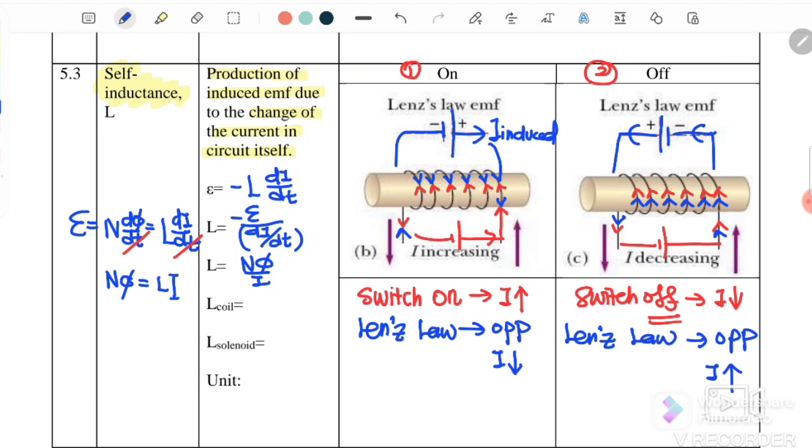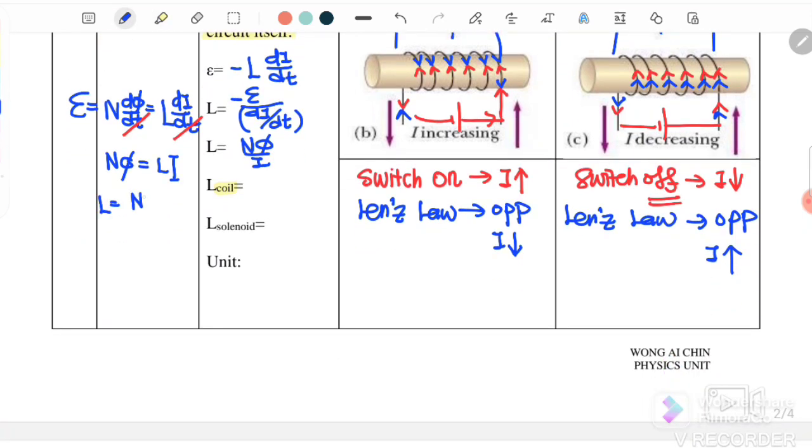Next, let's say this is a coil. We can derive where L equals N flux over I, where flux is BA, over I. For a coil, B we can write as mu naught N I over 2R.